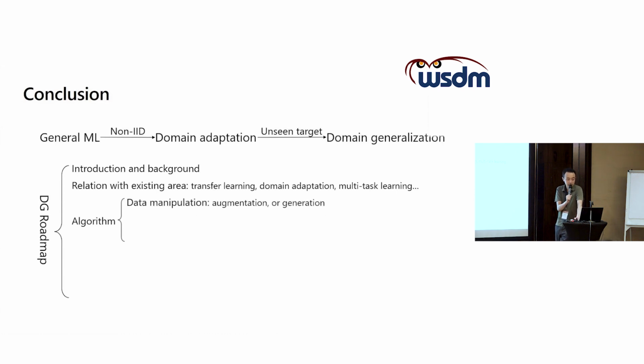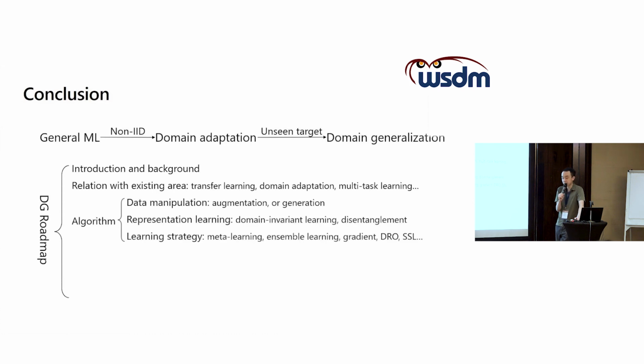Based on these algorithms, we also introduced data augmentation and data generation, and how we can learn environment feature representations across the domains, as well as some other kinds of learning strategies which may not be designed for domain generalization but still can be used here. We also show how these methods can create synergy together with domain generalization, and some applications have also been introduced.